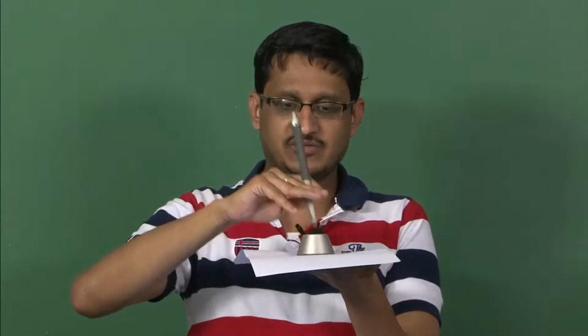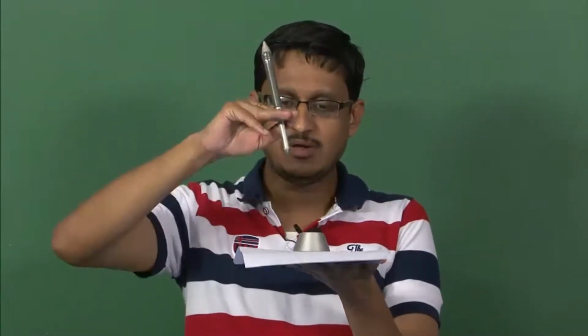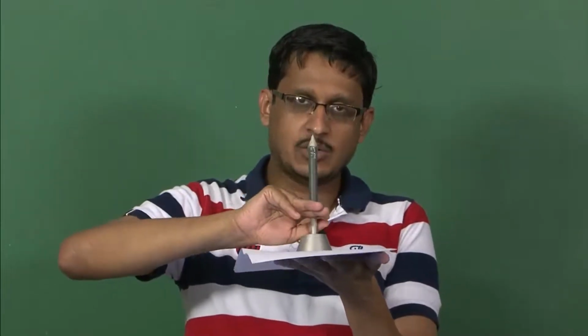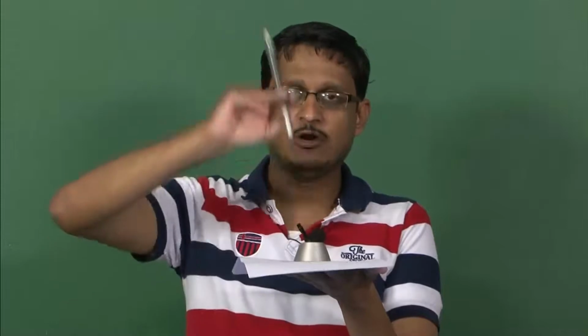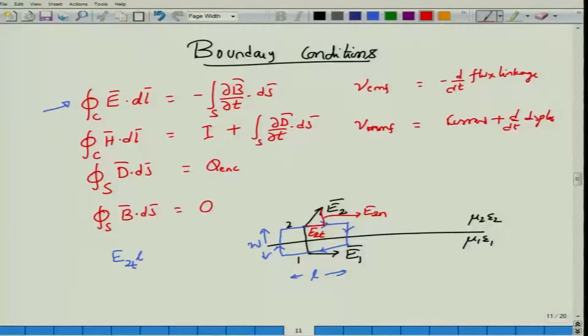The normal component is perpendicular to this paper, and there is also a tangential component along the path that you are looking at. Because the line integral always demands the tangential component, I am interested only in the tangential component.